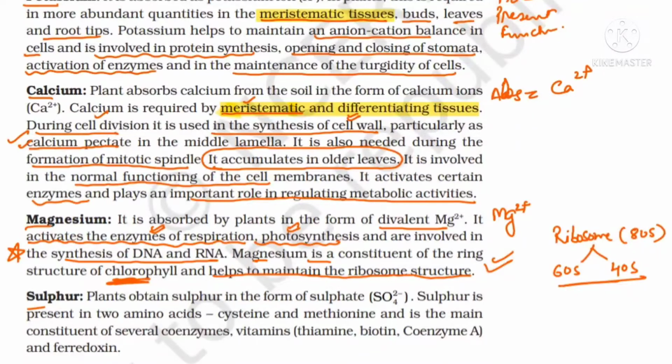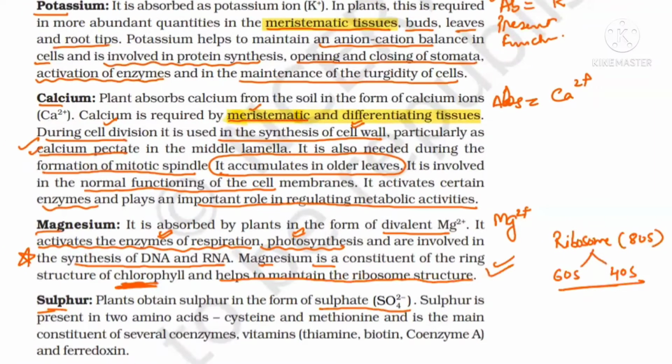Next is sulfur. Sulfur is present in the form of sulfate ions, SO4 2-. Two amino acids contain sulfur, that is methionine and cysteine. It is a constituent of several coenzymes like coenzyme A, and vitamins like thiamine and biotin.